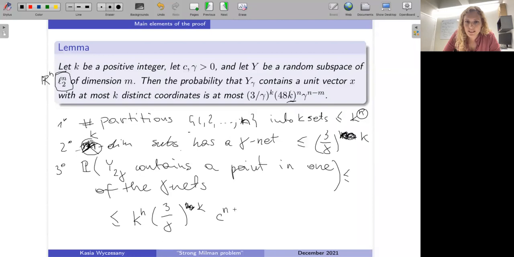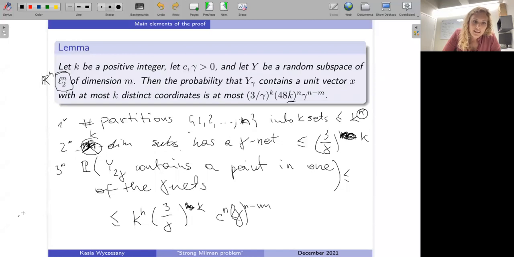I claim c to the n gamma n minus m is the probability, or actually two, because I need to be within 2 gamma from my subspace. Because if I'm within gamma from a gamma extension of within gamma from y, right?